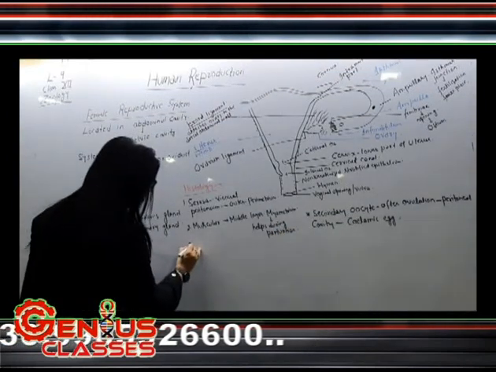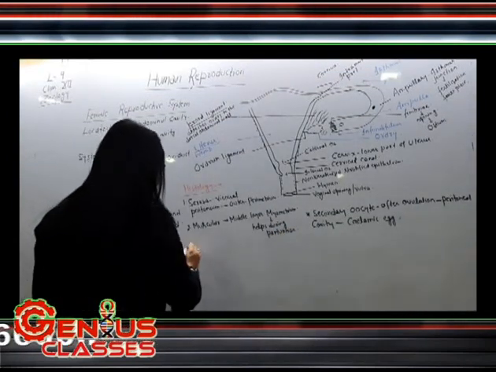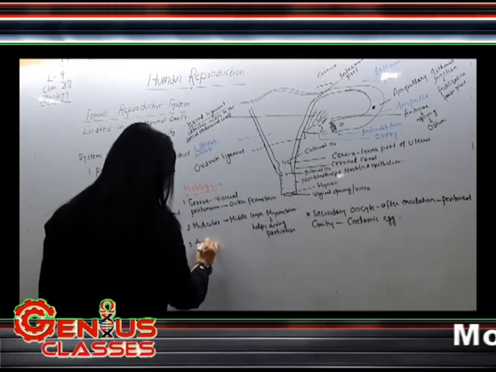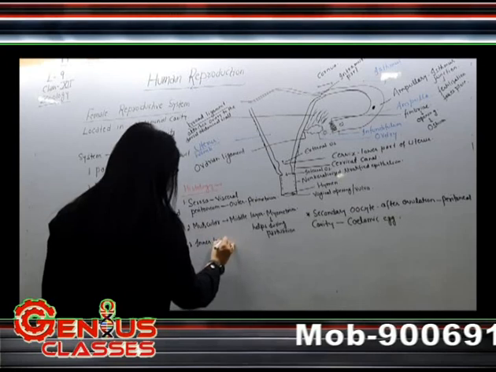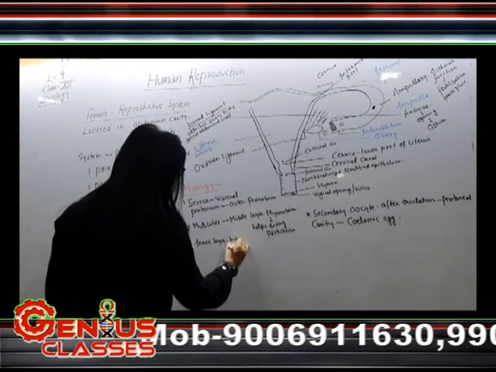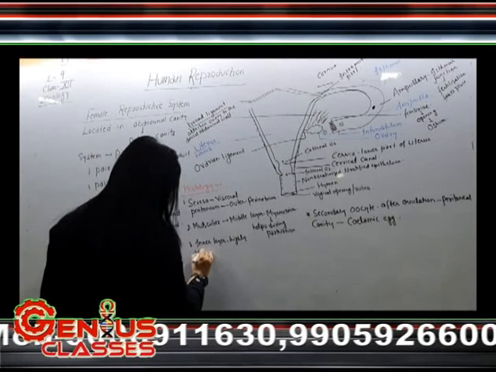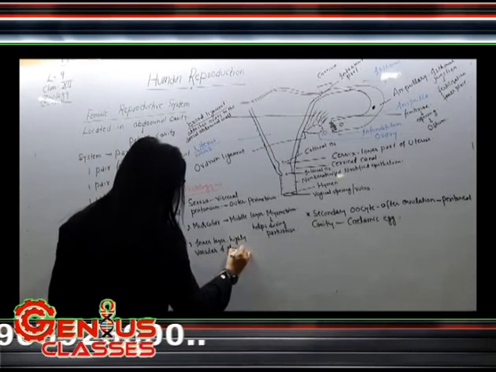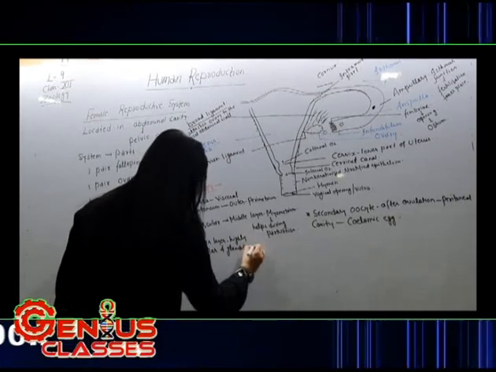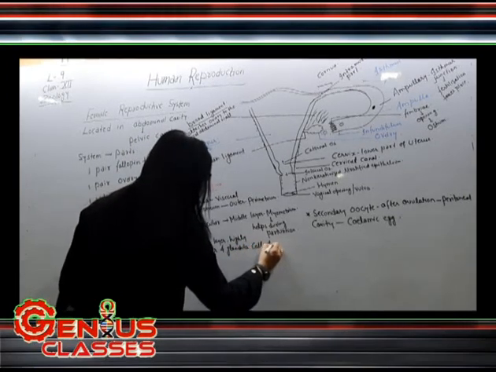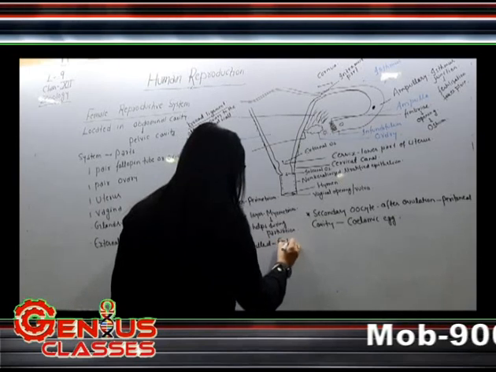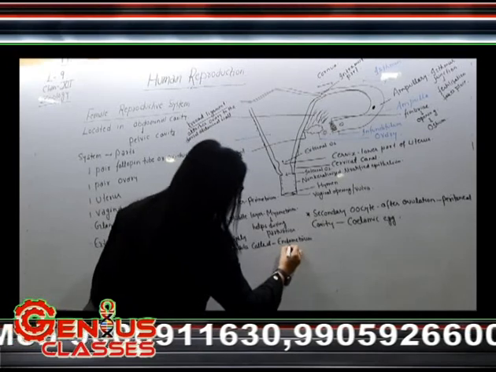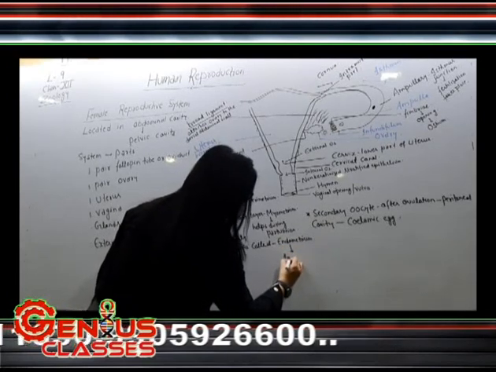The inner layer is highly vascular and glandular, called the endometrium, where implantation takes place.